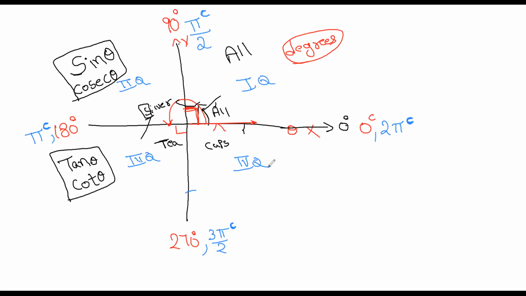Now in the fourth quadrant, we have C, that is cos theta, and the reciprocal of cos, secant theta. So these two are positive over here. You have to draw this diagram, which tells whether they are positive or negative. That's it.